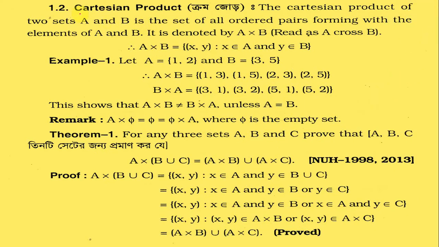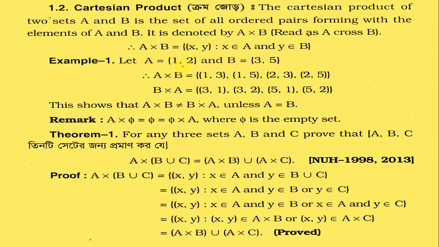Dear students, now we will discuss the Cartesian product. The Cartesian product of two sets A and B is the set of all ordered pairs formed with the elements of A and B. It is denoted by A cross B. So A cross B is equal to {(x, y) such that x belongs to A and y belongs to B}. Let us discuss an example.